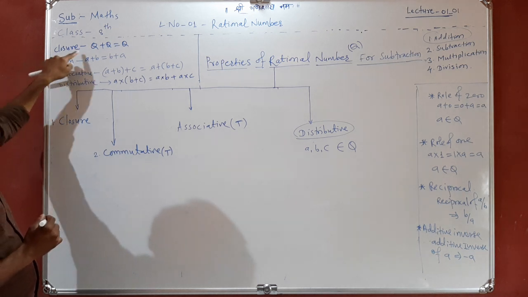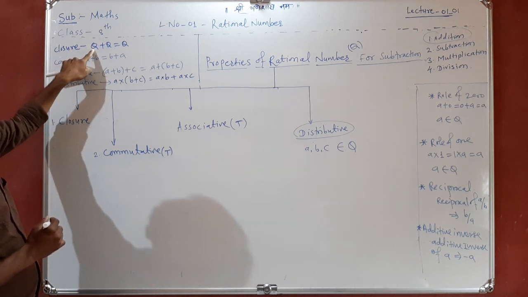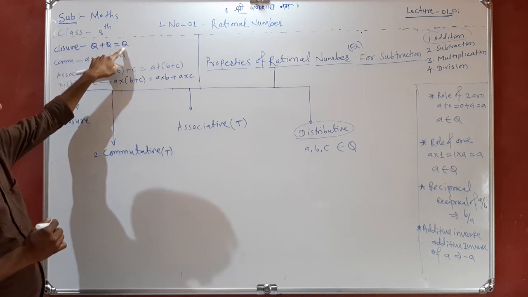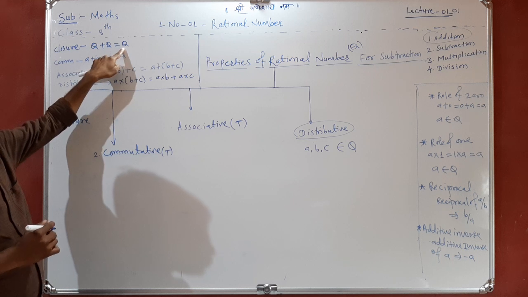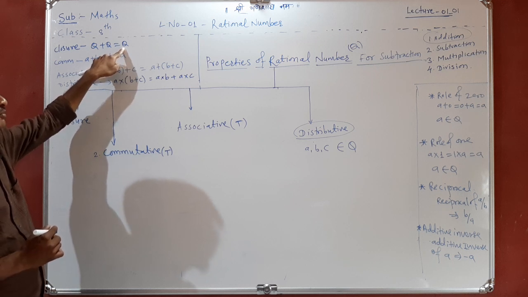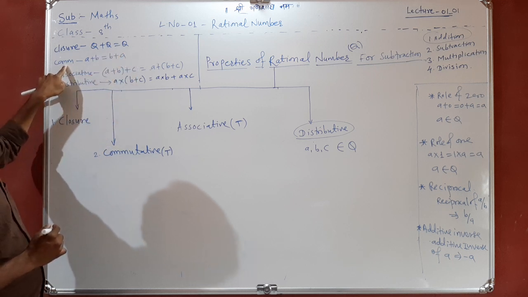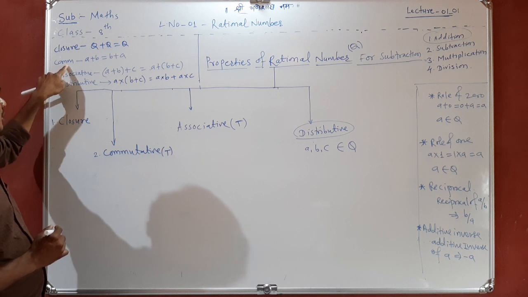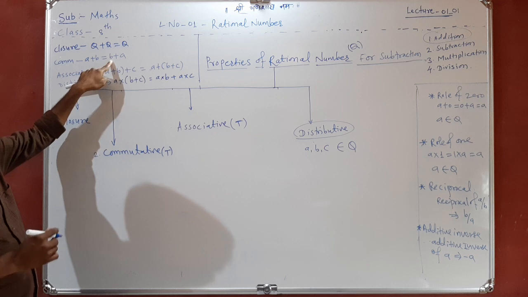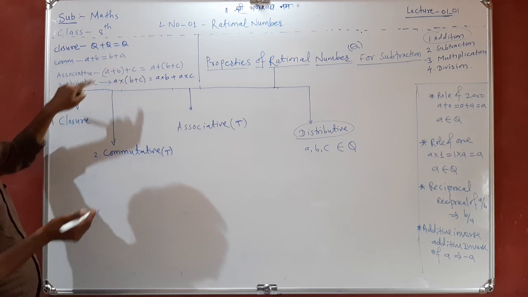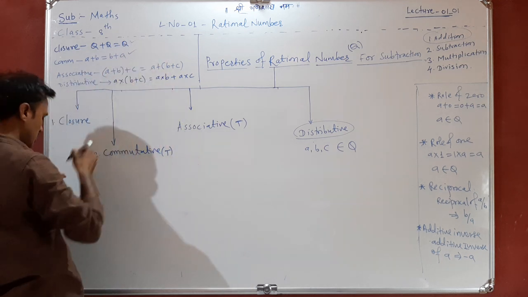From these properties, see what we learned. For closure, rational number plus rational number we are getting a rational number. It means the closure property holds true for the rational numbers. Then the commutative property, a plus b is equal to b plus a, also holds true for the rational numbers.